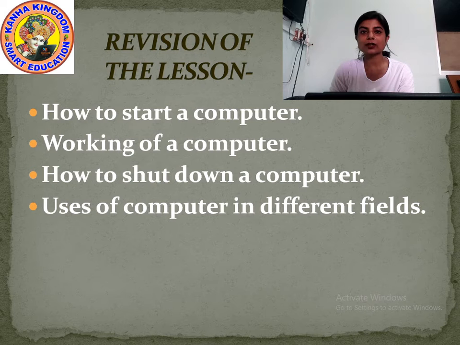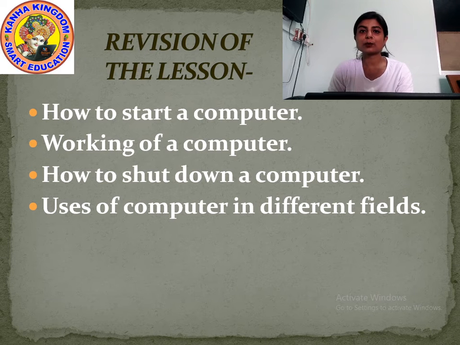You will get the start button option on the first page of your computer, that is the home page. After that, after clicking on the start button, you will click on the option that is written there, that is shut down. You will click on that option with the help of your mouse. Okay.